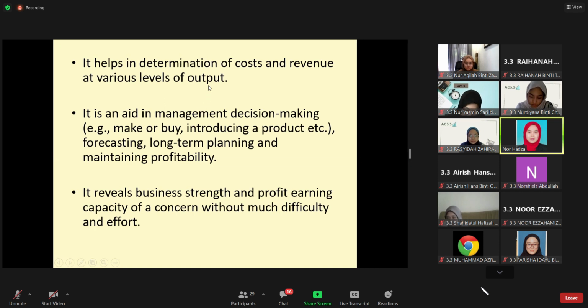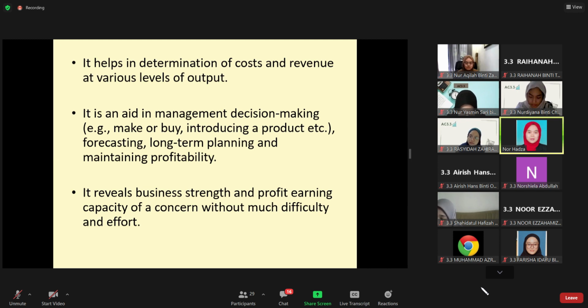Make or buy, producing a product, forecasting, planning purposes, and also what should be done to maintain the profitability when there is a change in the cost or in the market selling price.